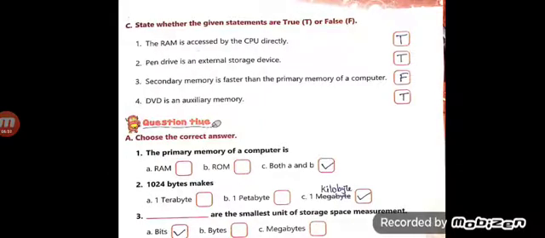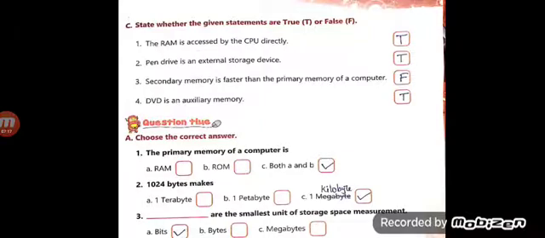Pen drive is an external storage device. True. Secondary memory is faster than the primary memory of a computer. False. Primary memory is faster. Secondary memory is not faster. DVD is an auxiliary memory. True. Why auxiliary memory? Because secondary memory is also called auxiliary memory and DVD is secondary memory.